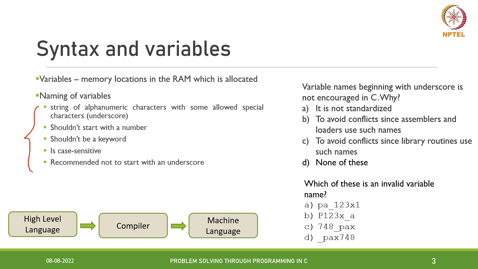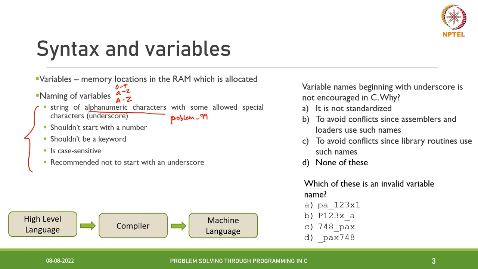The first is that there should be a string of alphanumeric characters. So basically, we are talking about A to Z and 0 to 9, with one special character allowed, which is underscore. So I can have the name problem underscore 99.